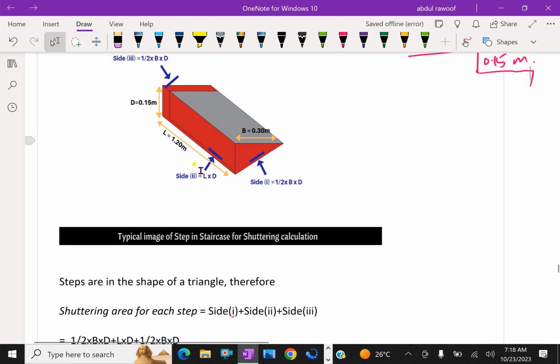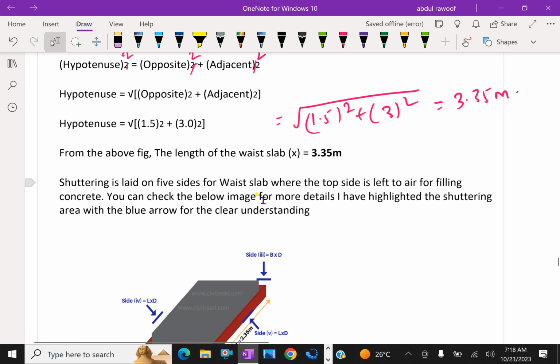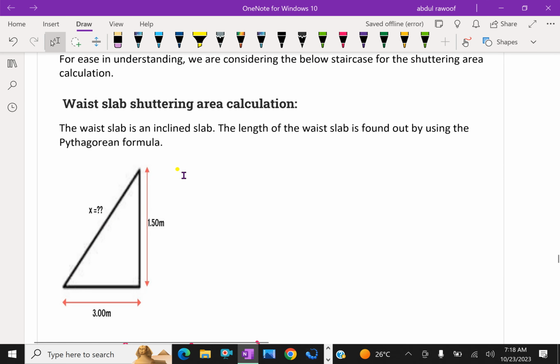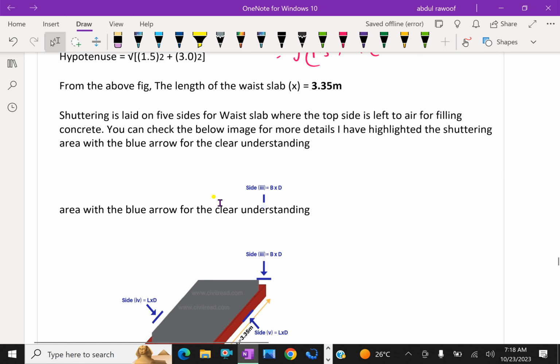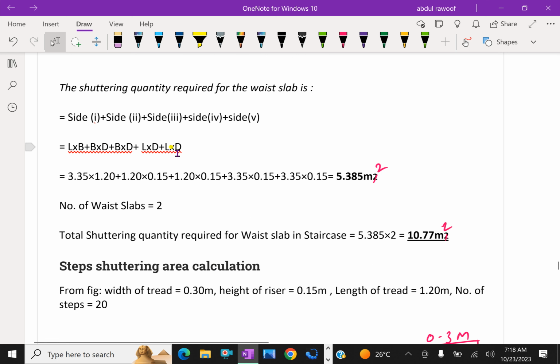Bottom is not necessary, because bottom is on the waist slab. So left and right and front, 3 areas.